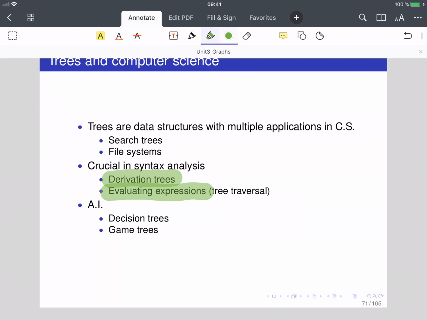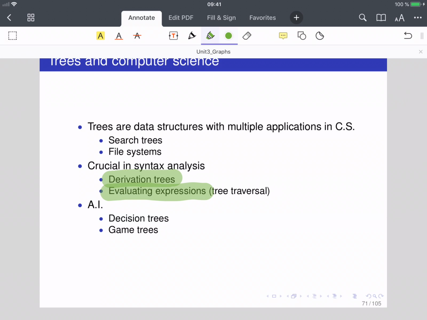Okay, so these are examples that are important to us in this course because they are related to things that we have already studied. But you will find trees also in future years, in future courses.